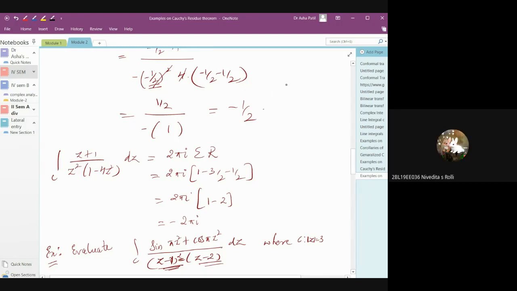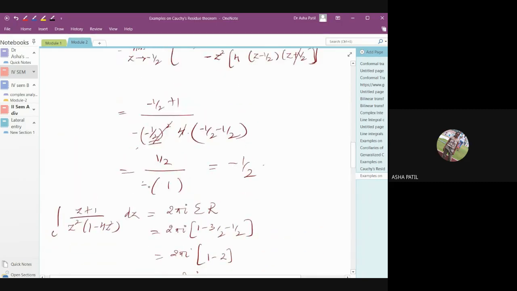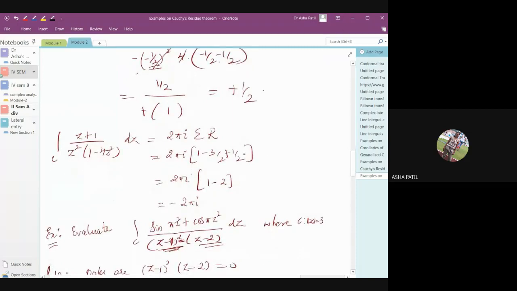Minus into minus plus. This becomes plus. What's the numerator? 1 minus 1 by 2. So this becomes plus 1 by 2.